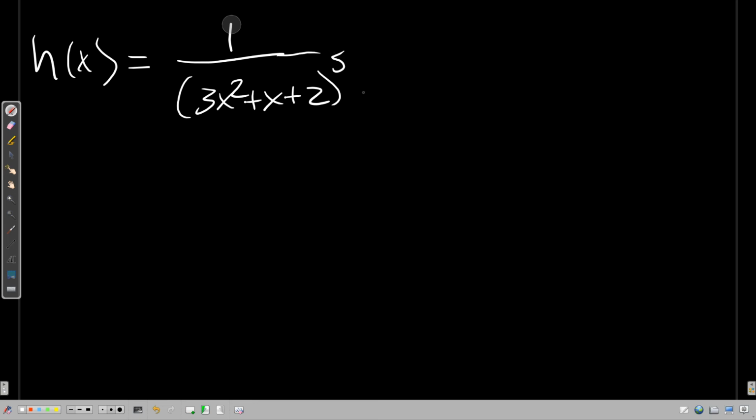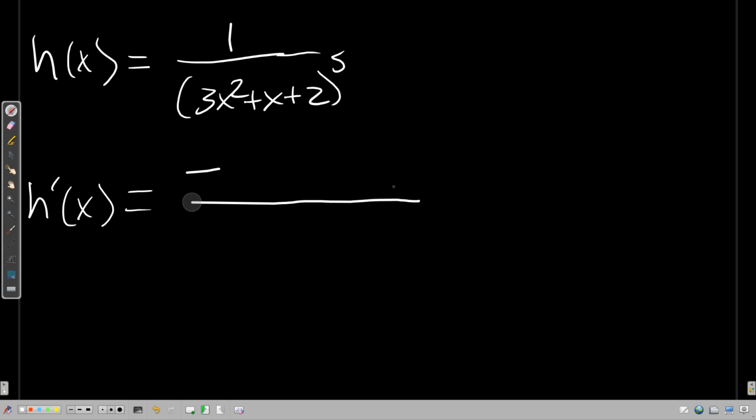This is what they gave us. I mean, if I just had to, if they said do it by quotient rule because I want to see it, then I'd need the derivative of the top, which is 0, times the bottom. Okay, 0 times the bottom. Great, there it is. And then minus the derivative of the bottom times the top. Well, the times the top part will be times 1, so I won't have to write that.